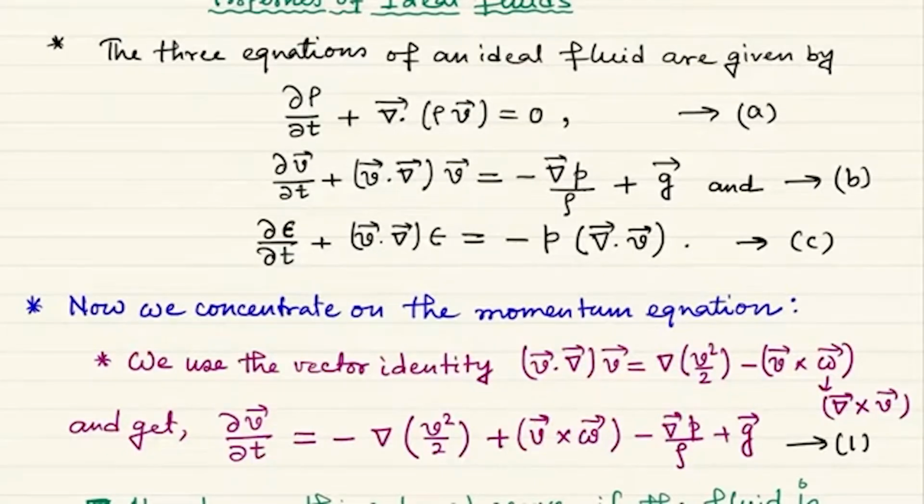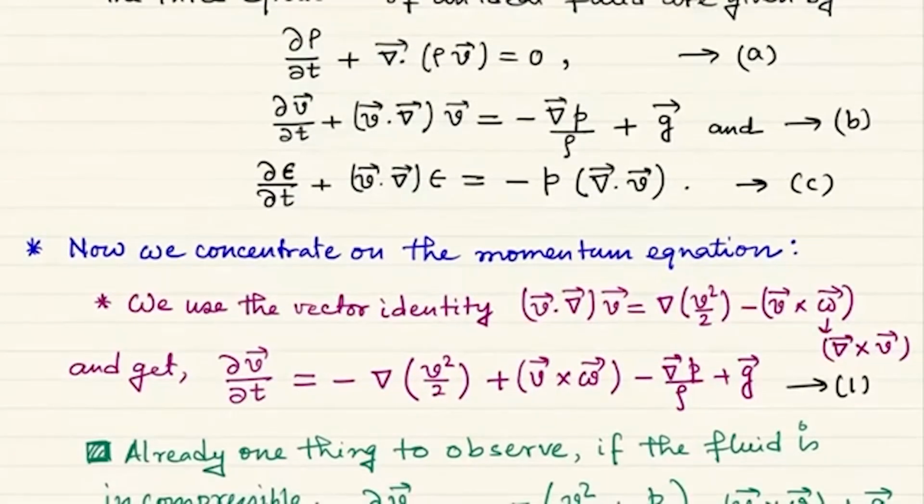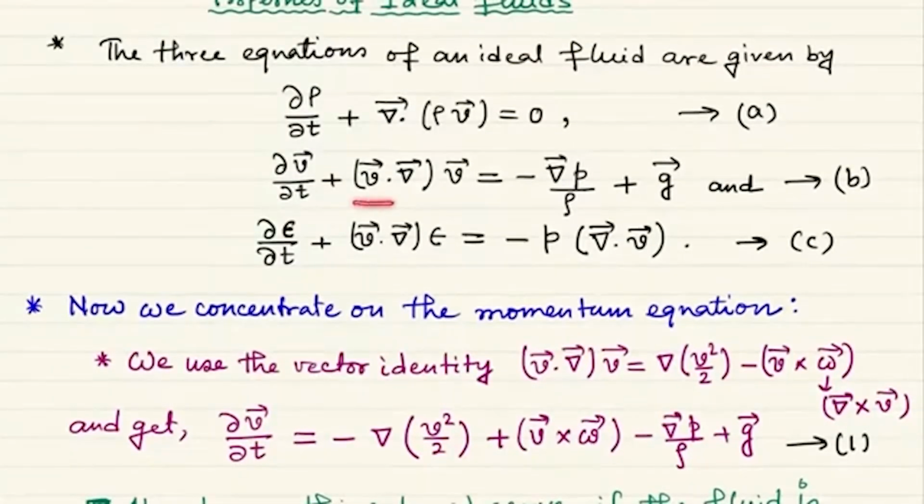Now we concentrate on the momentum equation, and we will see that some interesting things can be brought out of that. First we try to rewrite the advective derivative part, which is v dot nabla v. There is a very popular identity which says that v dot nabla v is equal to gradient of v squared by 2 minus v cross curl of v, and curl of v is nothing but our vorticity vector.